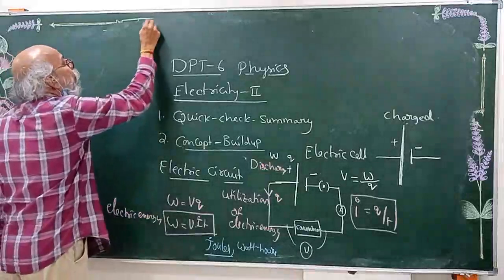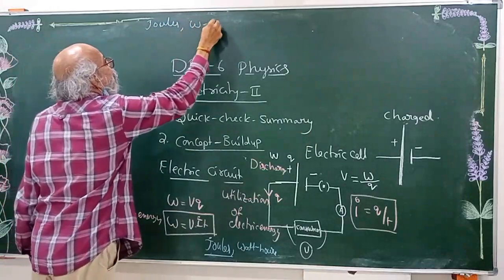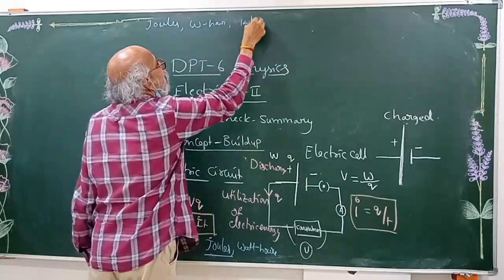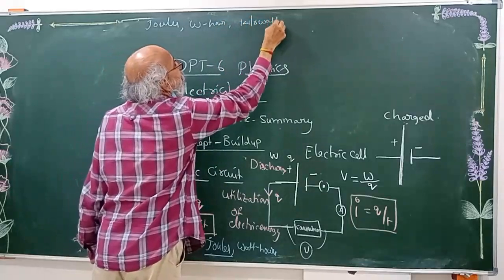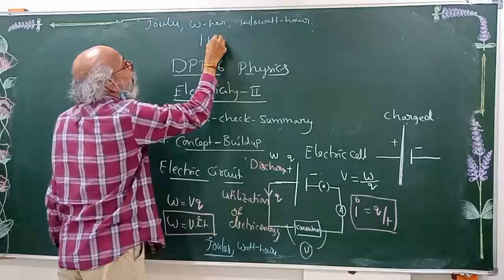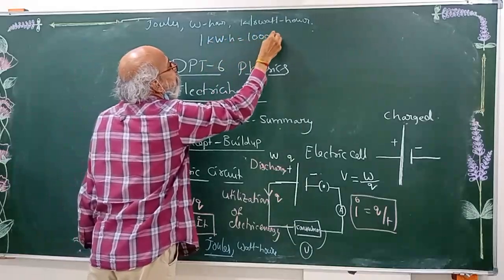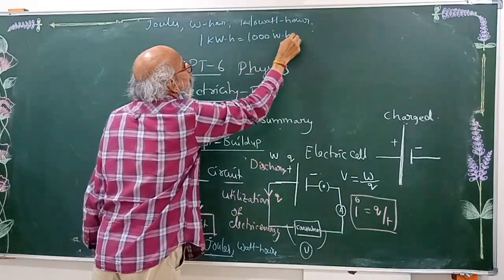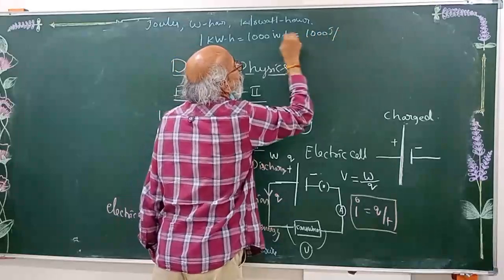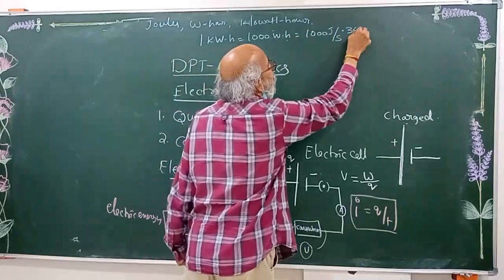Watt hours, joules, or kilowatt hours. Kilowatt hour is the unit of electric energy. 1 kWh is given by 1000 watt hours, which is equal to 1000 into joule per second, since watt means joule per second, into hour, which means 3600 seconds.